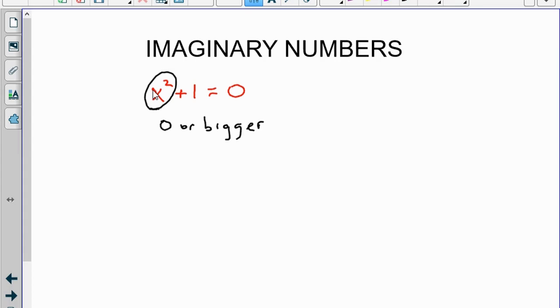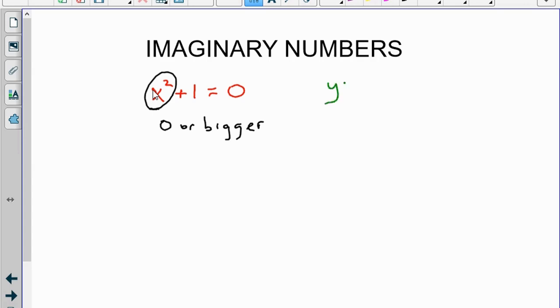And there's no way that I can have something that's 0 or bigger plus 1 equals 0 in the numbers that we already know about. So because that's true, mathematicians developed these other things called imaginary numbers that help us solve equations in other ways.